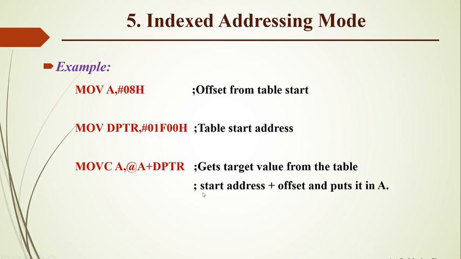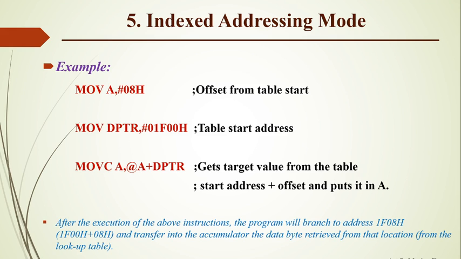So the start address of the table is added with the offset or displacement that is put in A. After execution of this instruction, the address will be 1F00H plus 08H, which is 1F08H. Whatever content is available at this address will be loaded into the accumulator using this instruction.